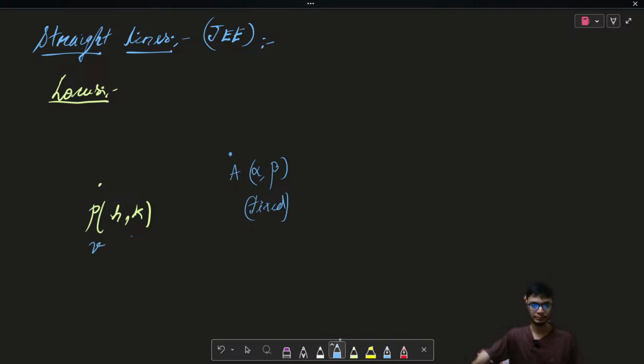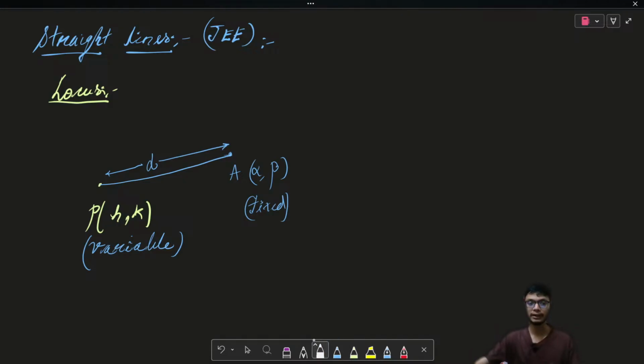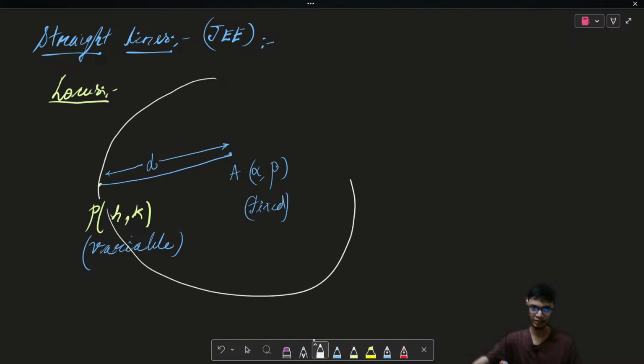So I'm saying that this particular point P moves such that the distance between this point A and this point P is a constant. Whenever a point has a constant distance from a fixed point, that is something like a circle. So this is kind of a circle, right?